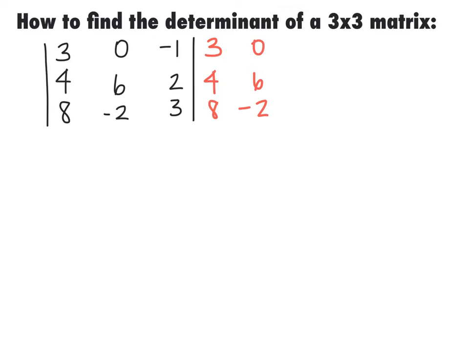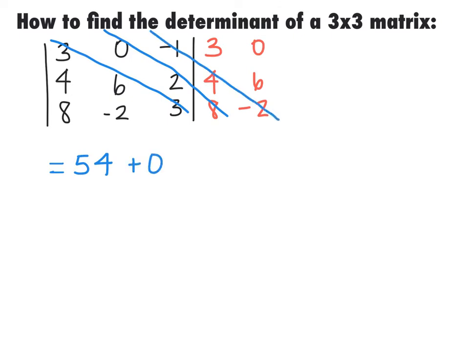So how this works is you multiply these three going down, so that's 3 times 6 times 3, and that's 54. Next you do this diagonal, so that's 0 times 2 times 8, so that's 0. Then the last one is -1 times 4 times -2, and we add that, so that's going to be +8.